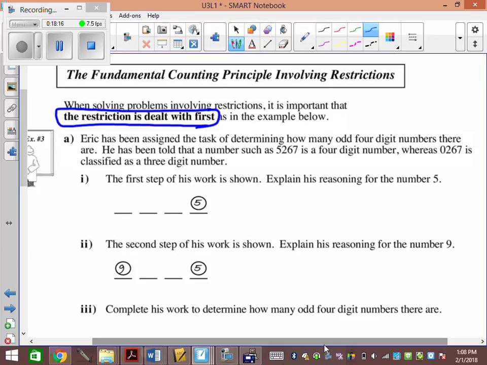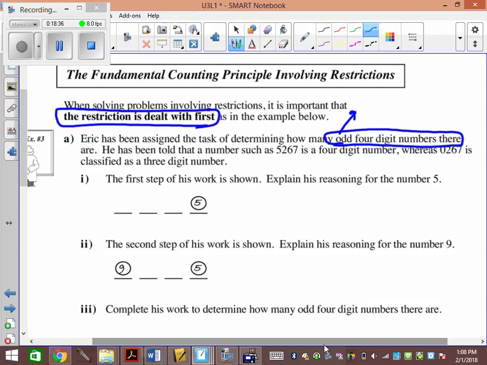So we have here, Eric has been assigned the task of determining how many odd 4-digit numbers there are. Now, let's get through what this means. Odd. How can you tell a number is odd? Yeah. Doesn't divide by 2.